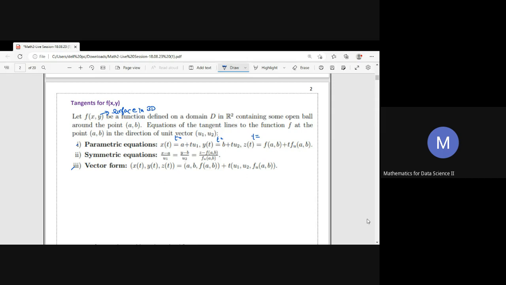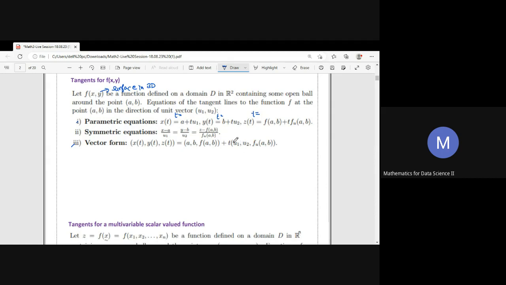And here you see that for x and y, the direction we are considering is the unit vector u1 comma u2. So you are having u1, u2, and for the z coordinate, you are having the image of this function value, so f of a comma b, right? So that is the z coordinate you are considering.